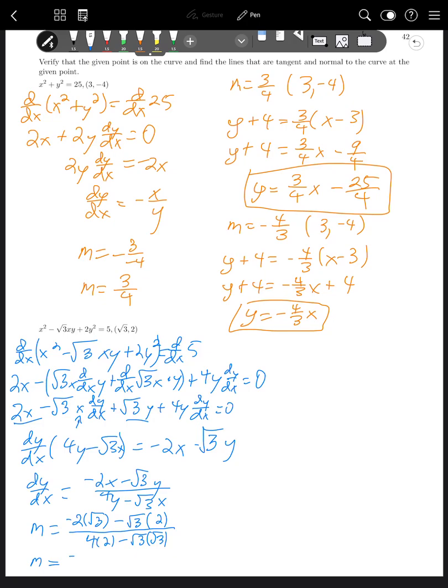So I'm getting an m of negative 4 root 3 over 8 minus 3, which is 5. So negative 4 root 3 over 5.